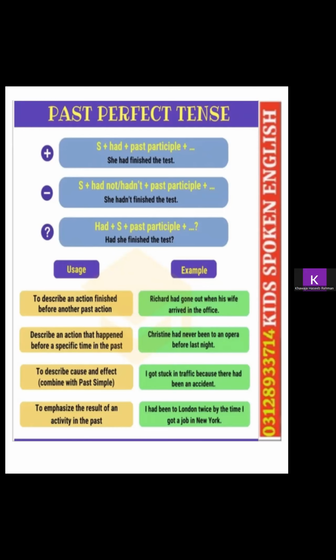तो पहले कौन सा काम हुआ? पहले कौन सा काम हुआ बेटा? पहले ट्रेन गई 9 बजे और हम पहुंचे 9:15 पे. तो पहले कौन सा काम हुआ? Students, tell me.